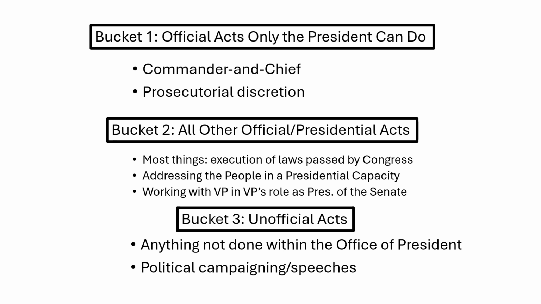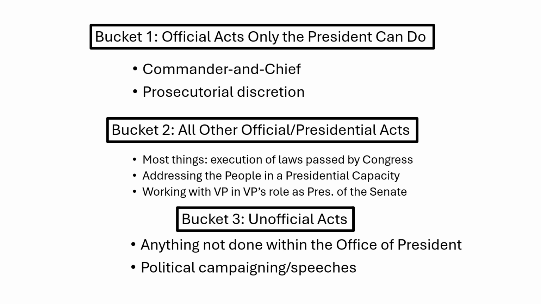So bucket 1, again, these are official acts that only the president can do. So these are things that Congress cannot do, that the judiciary cannot do, that no other part of the government can do. The decision, at least the parts I've read, doesn't go a ton into detail in terms of examples on this. But that's also because this bucket 1 is pretty small.